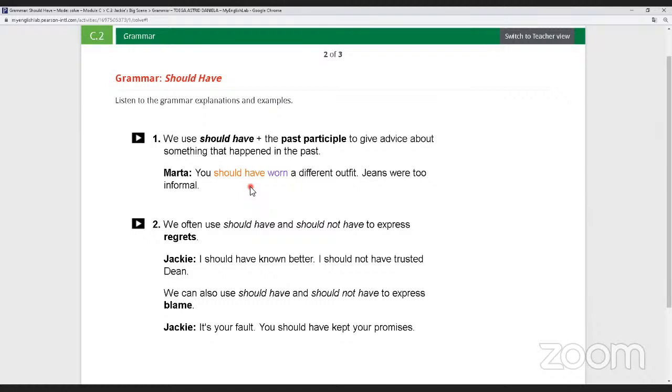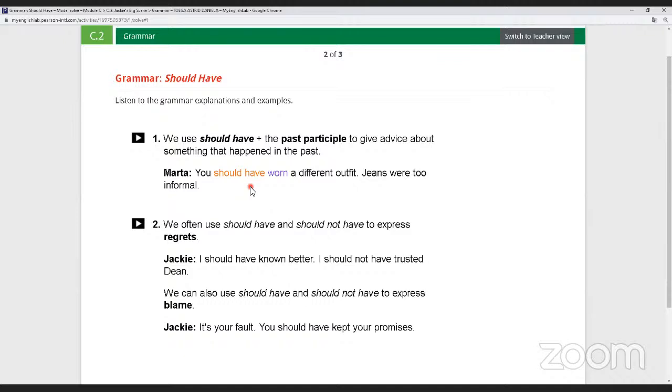So take care with the next time, please, right? So it was advice that I give you about the past situation, right? It was yesterday. Again, I'm trying to give you advice, but the situation has already happened, right?